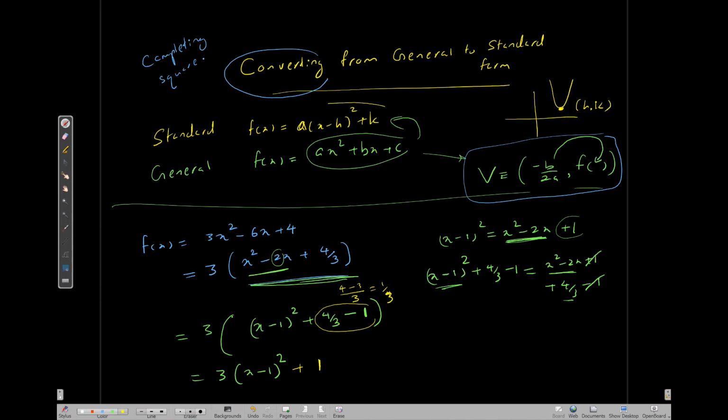So we are in this form now: (h, k). h is 1, so the vertex is going to be (1, 1). So (1, 1), and it opens upward, and we have a graph like this, right?